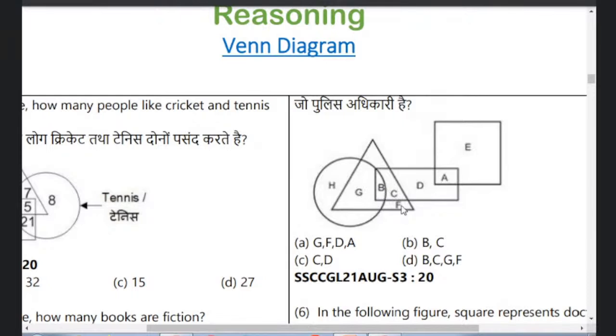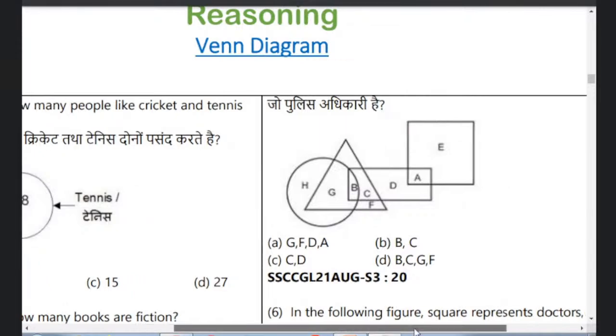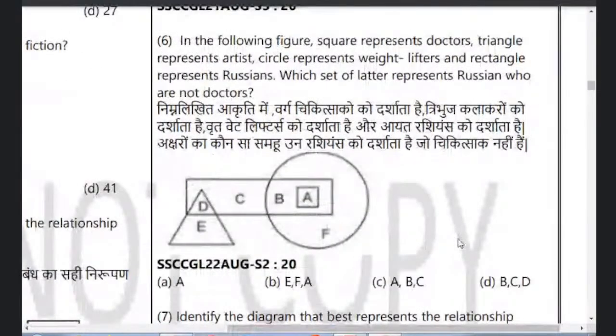G, B, C and F are all police officers. So B and C. B is the American as well as police officer, but there is a note given in that. It says who is not the other person. So the options B and C are right, then option B is the correct option. And this solves this problem.